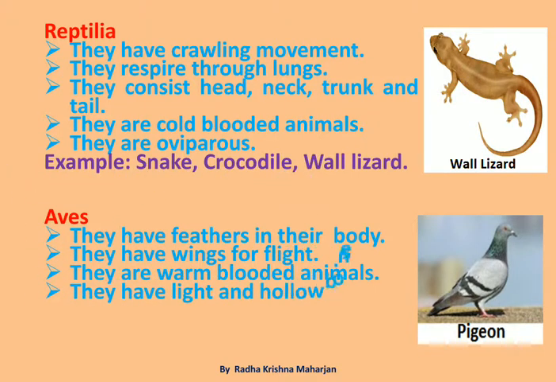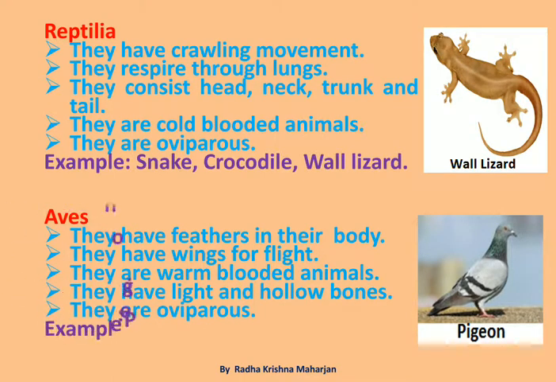They have light and hollow bones. They are oviparous. Example: pigeon, dog, peacock.